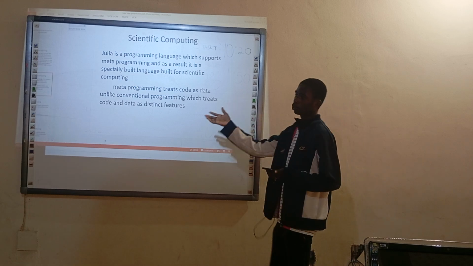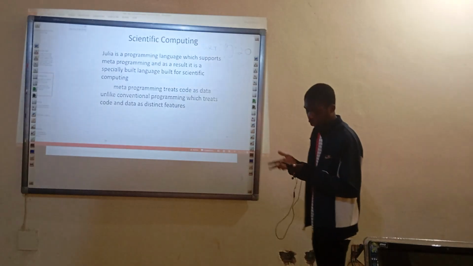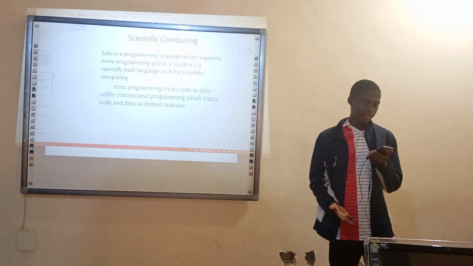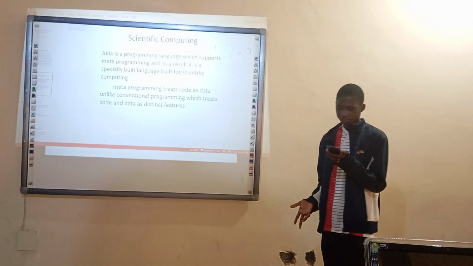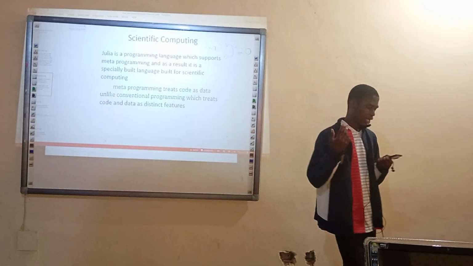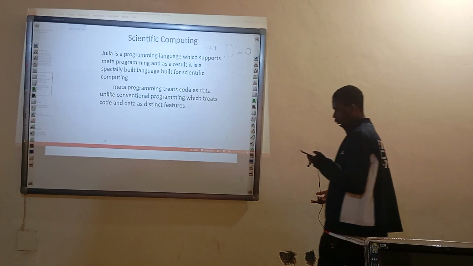Before moving forward, scientific computing is a field that uses computational methods and algorithms to analyze, model, and simulate complex scientific problems. It's a multidisciplinary field that combines computer science, mathematics, and domain-specific knowledge to solve real-world problems.